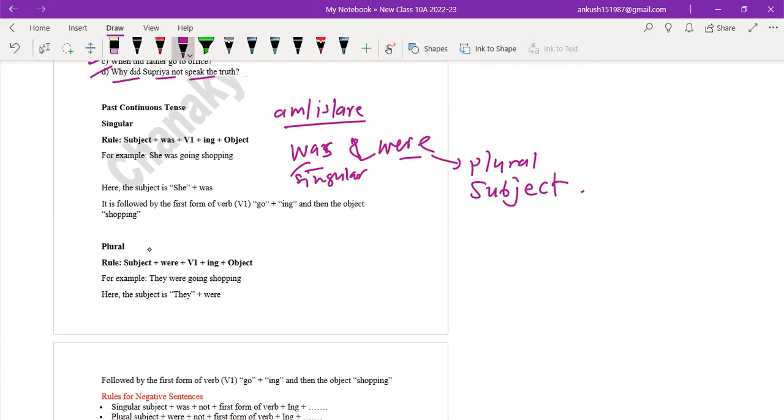After using these helping verbs, you need to use the main verb ing form. That is also called present participle.